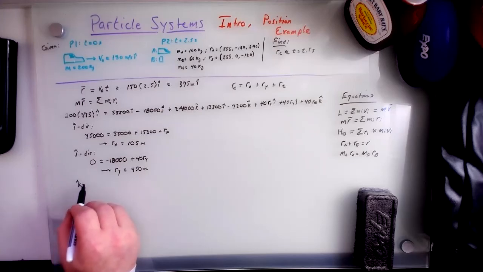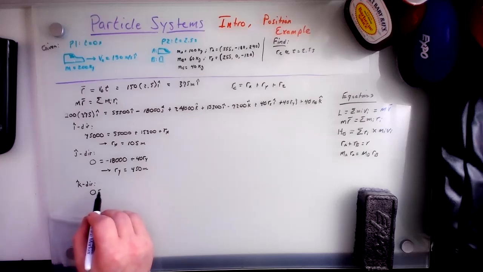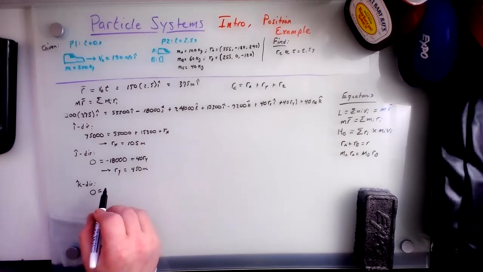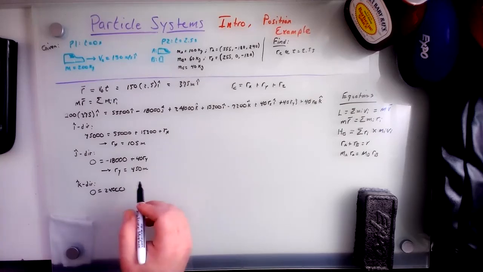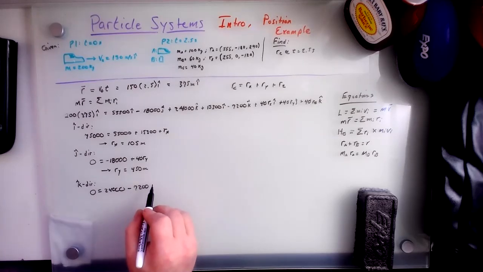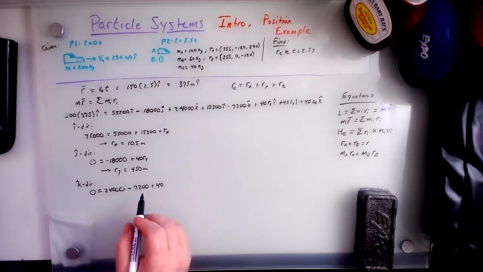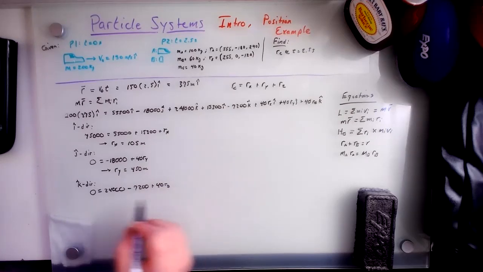Then in the K direction, what do we have? We have 0 equals 24,000 minus 7,200 plus 40 times R_z.